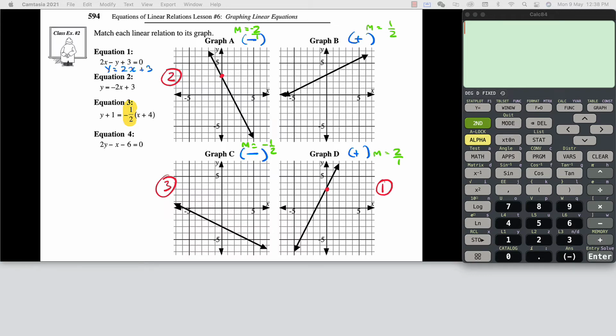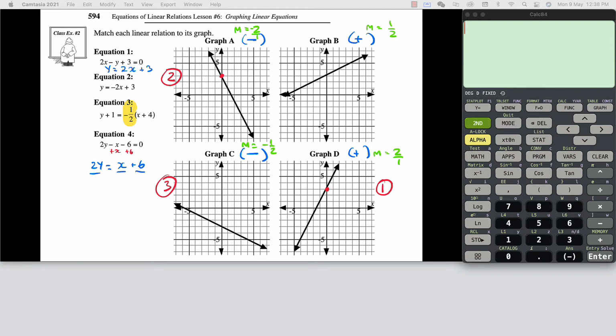Now again, in this case, it's not in a format that's going to really allow us to see the slope and y-intercept, so I'm just going to move the x and the -6 to the other side by going plus x and plus 6, leaving me right now with a 2y on one side and an x plus 6. But remember, I don't want the y to have a coefficient of 2, I want it to be a coefficient of 1.